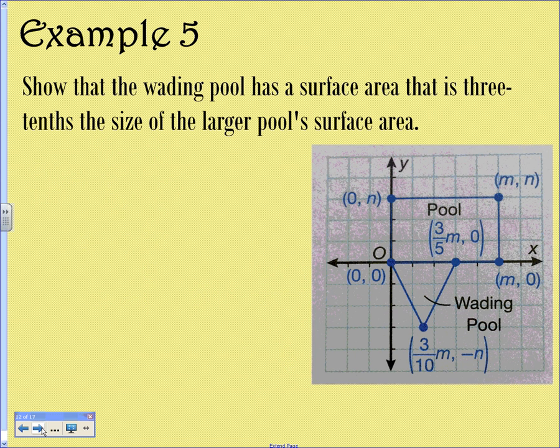Okay. Looking at one more. Show that the wading pool has a surface area that is 3/10 the size of the larger pool surface area. How do we find the surface area?